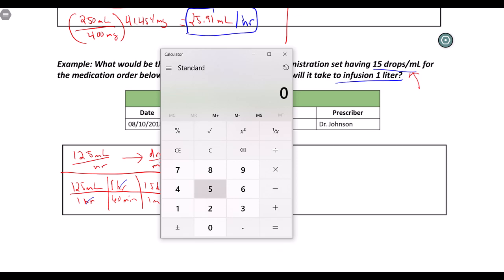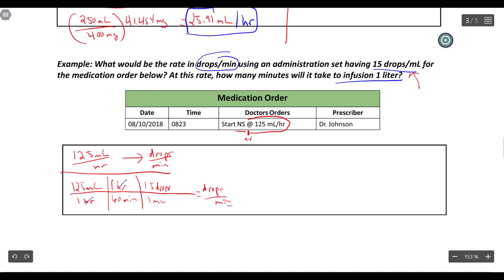We've got 125 mLs per hour divided by my 60 and then times my 15. And I've got about 31.25 drops per minute.